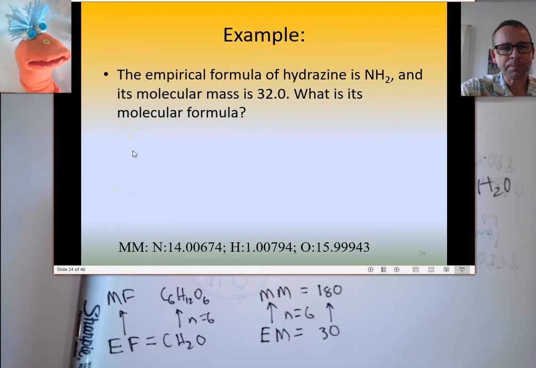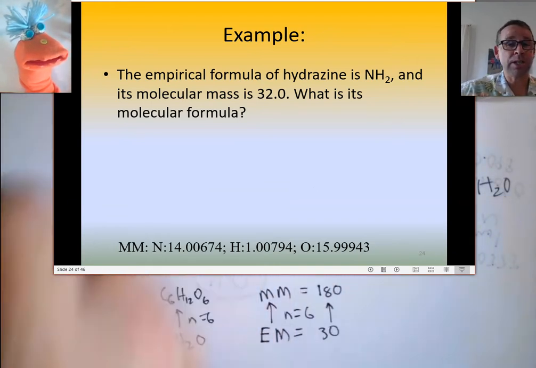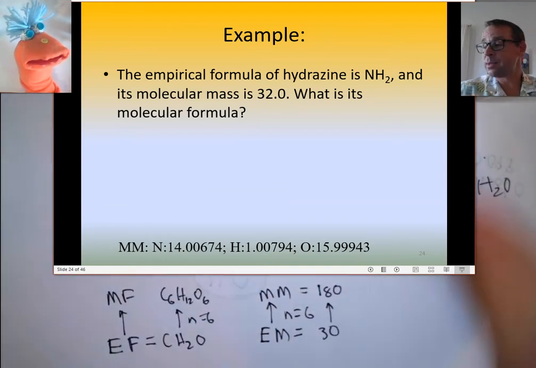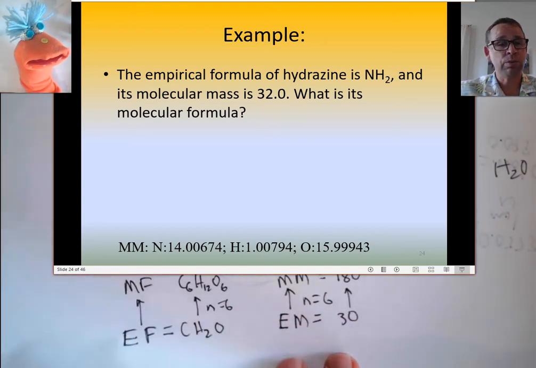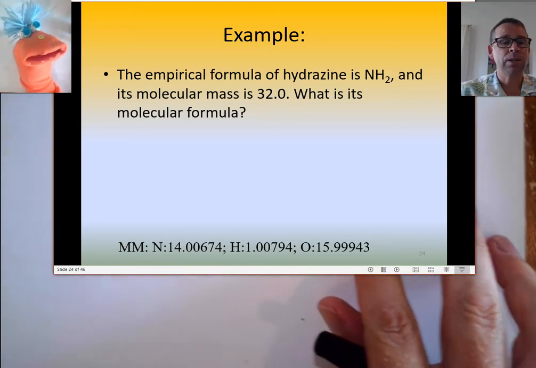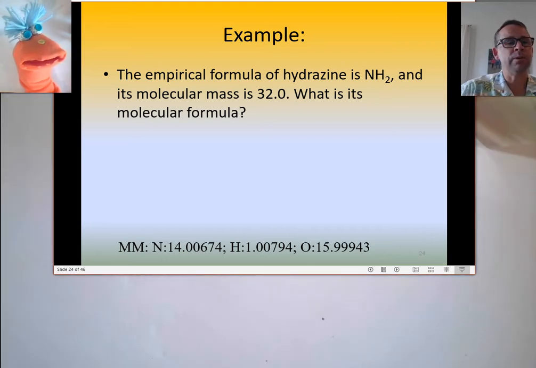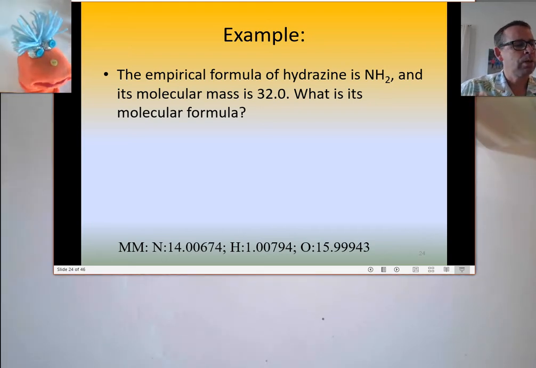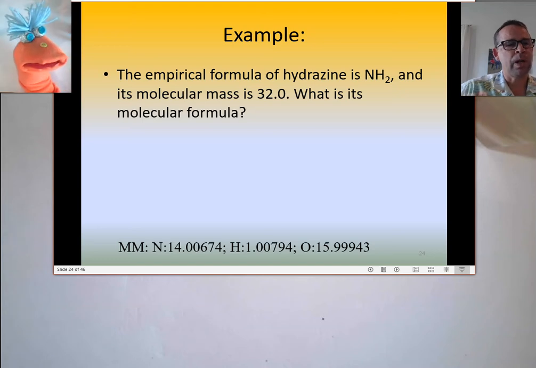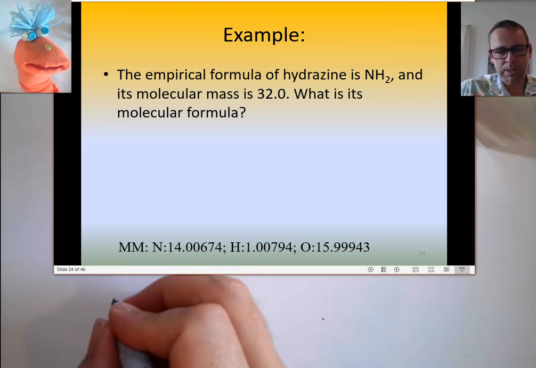Okay? So here's an example. Hydrazine has a chemical formula NH2, and we're told here that its molecular mass is 32. What is its molecular formula? Okay? So, 32 is the molecular mass.